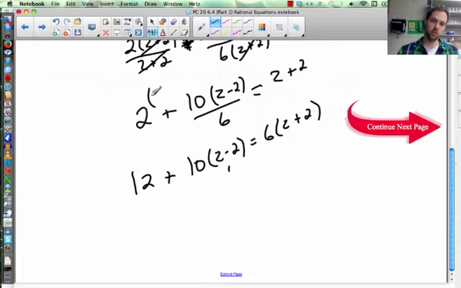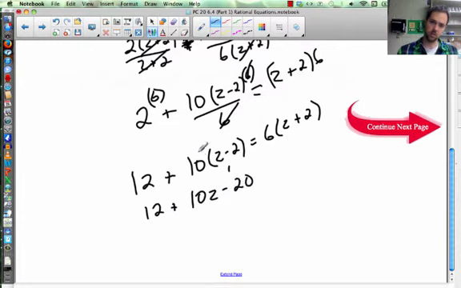So when we multiplied this by 6, we got 12. When we multiplied this by 6, the 6 is canceled, and we're just left with that. When we multiplied this by 6, obviously we get that. So 12 plus 10z minus 20, so just distribute that in, equals 6z plus 12.